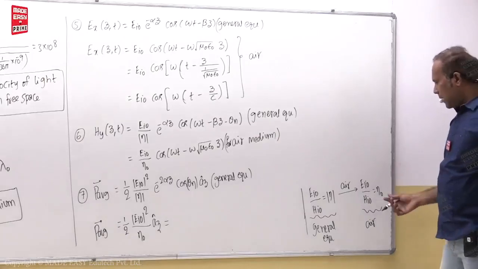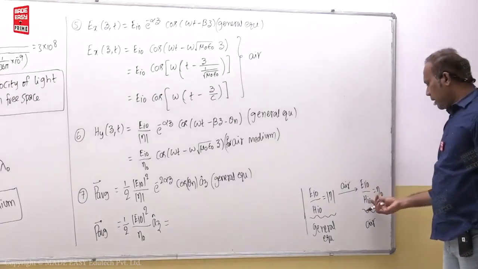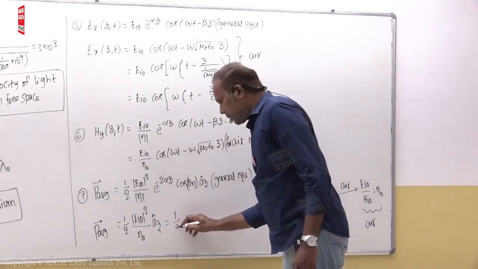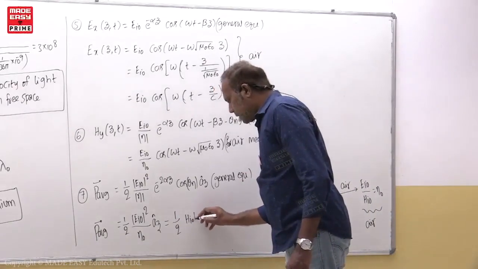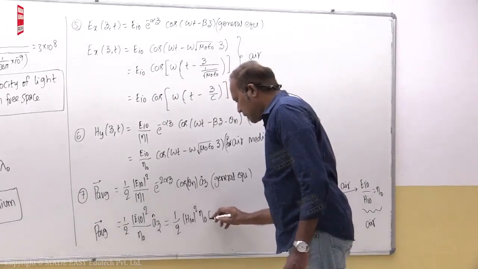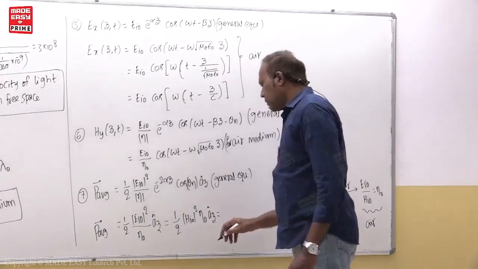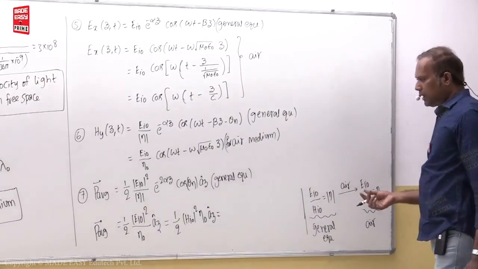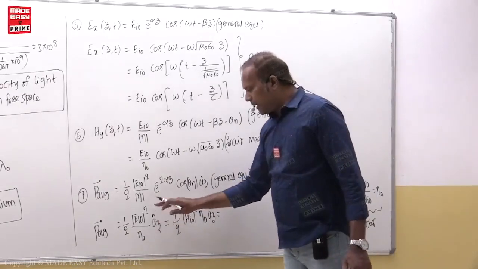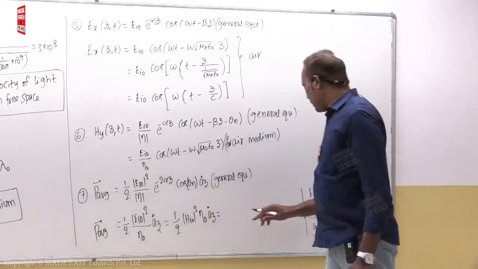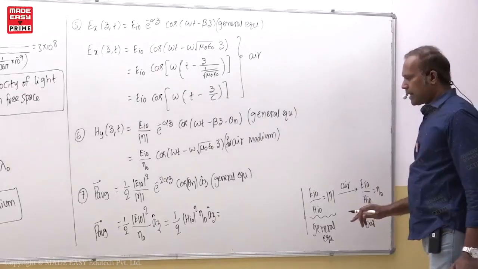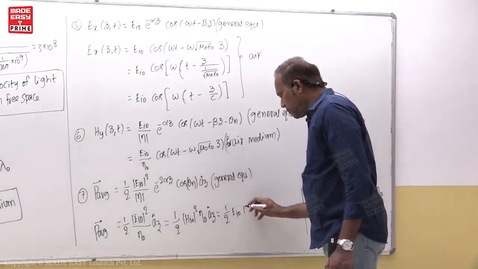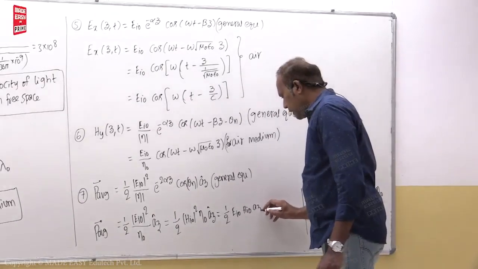Now you substitute Ea0 is equal to Hi0 into eta naught. If you substitute that here, then you get half Hi0 whole square eta naught, az. And if you substitute here, Ea0 multiplied with Ea0 by eta naught, one Ea0 by eta naught is written as Hi0, that becomes half into Ea0 into Hi0 into az.